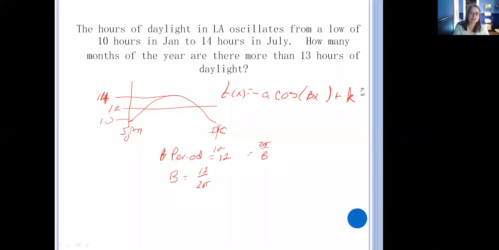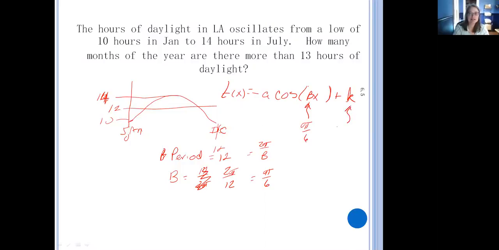No, I was right the first time. B is 2 pi over 12, or pi over 6. So this is pi over 6.